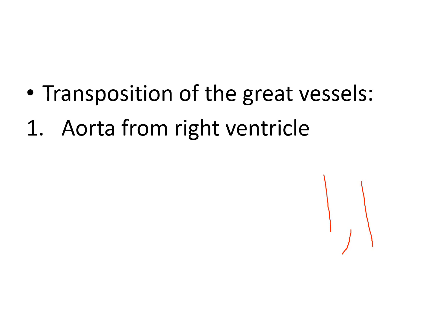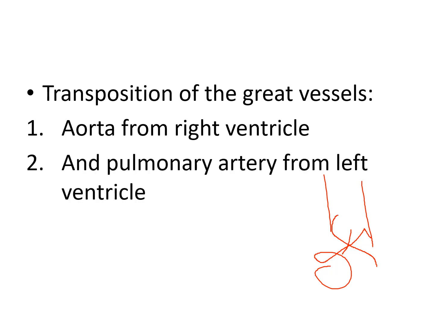This opposite position will bring the aorta to take blood from the right side and the pulmonary trunk to take blood from the left side because the septum rotated in opposite position. This is called transposition of the great arteries, TGA, and as a result, the aorta will take from the right ventricle and the pulmonary from the left ventricle.